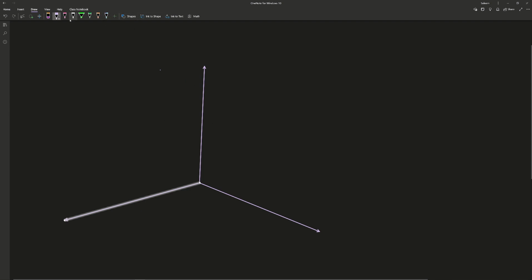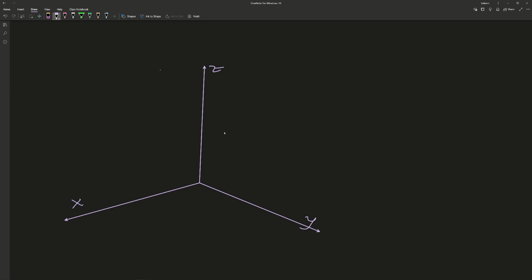Okay, suppose that this is my plane here, right? This is my z-axis, this is my y, and this is my x. Suppose that we have a line in the xy plane here, right?